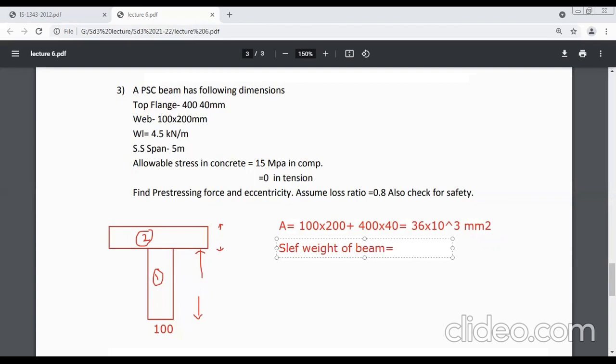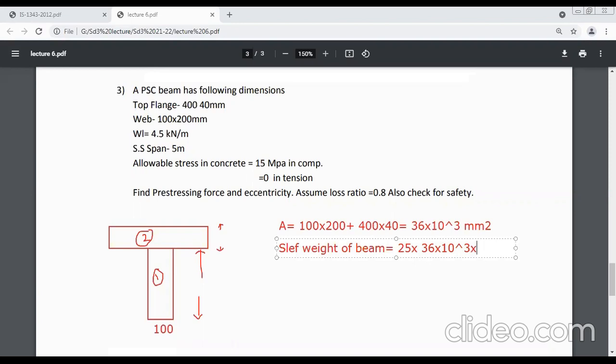So how do you calculate self weight of beam? Unit weight of concrete into cross-sectional area of this beam. If it is not given, then we assume it is 25 kilonewton per meter cube. But our cross-sectional area is in mm square, so convert it into meter square. How can you convert it? Divide by 1000 square.